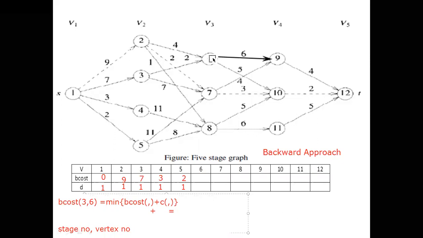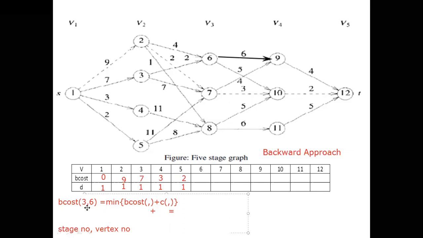To 6, how many edges are coming? There are 2 edges. One is from 2 to 6, one is from 3 to 6. Now we have to write 2 sets of values. Previously we had only 1 set of value. Now we have to write 2 sets of values because 2 edges are coming to 6. Correct? Now I will write it.